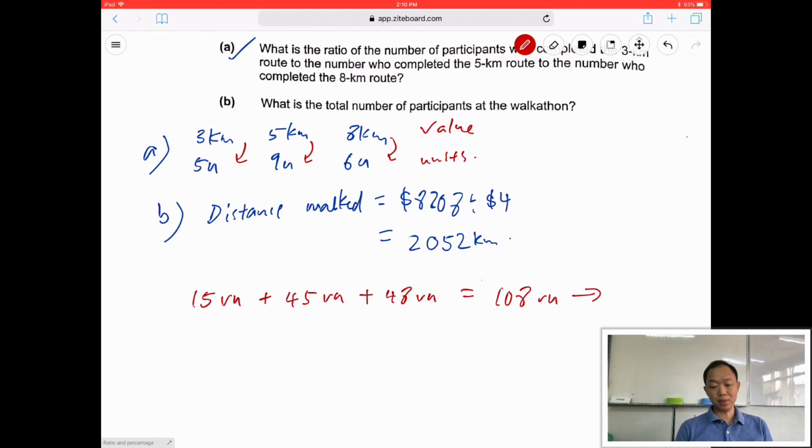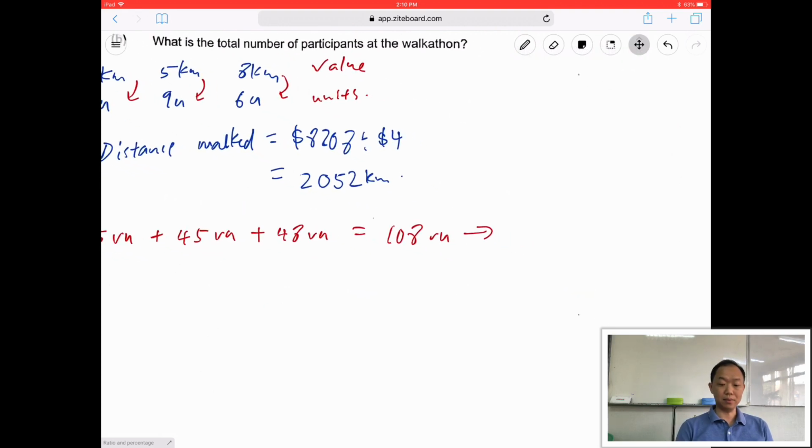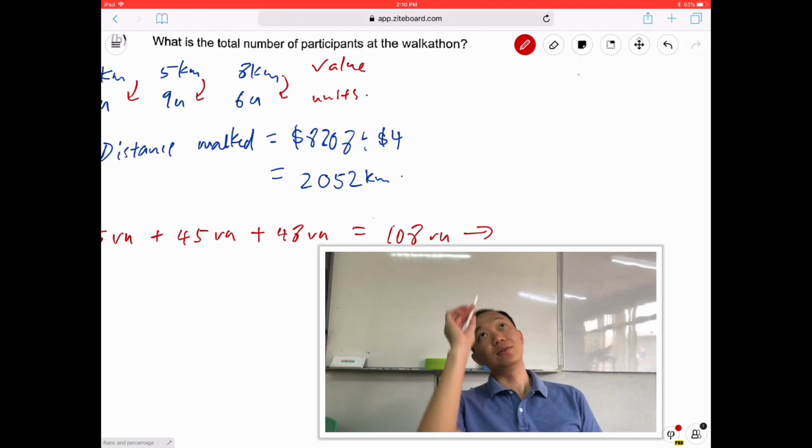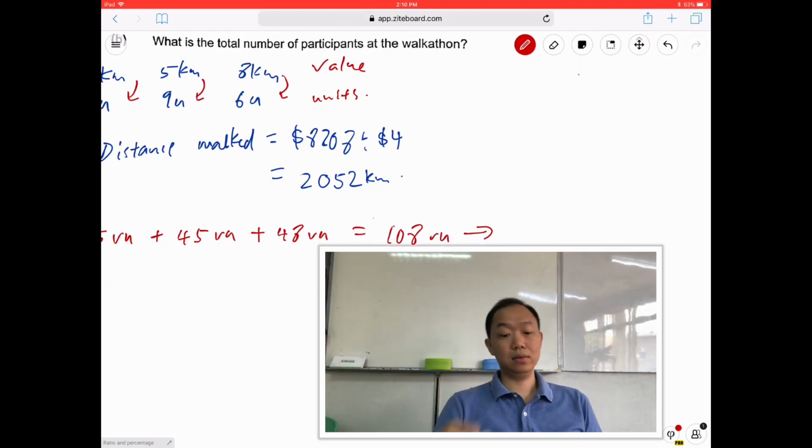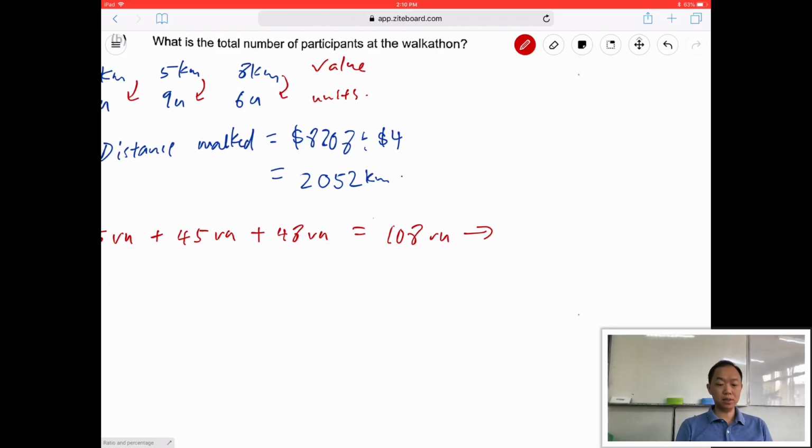Now 108 VU represents 2,052 kilometers. So 1 VU represents 2,052 divided by 108, which is 19 kilometers.